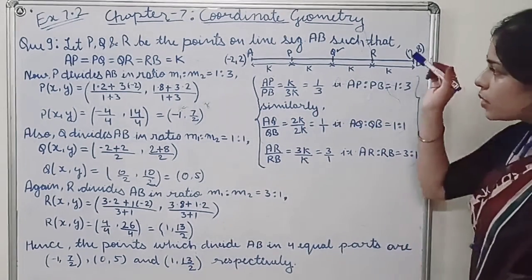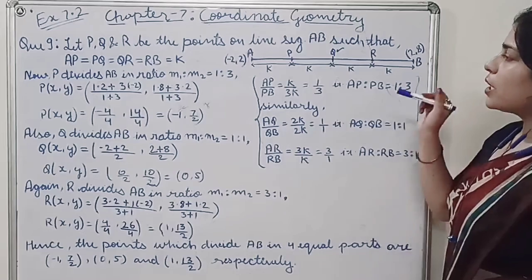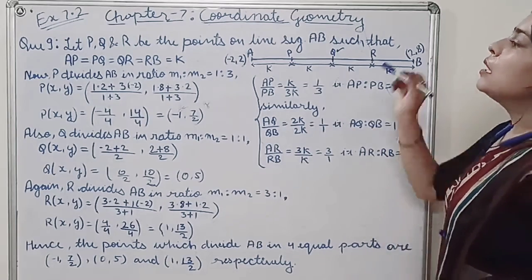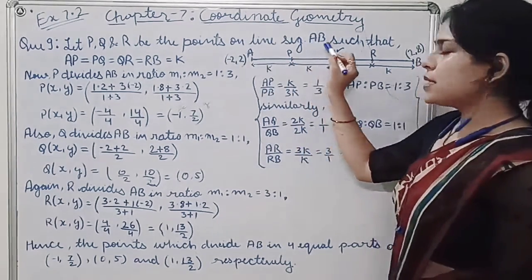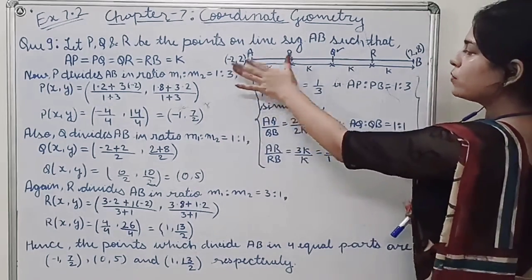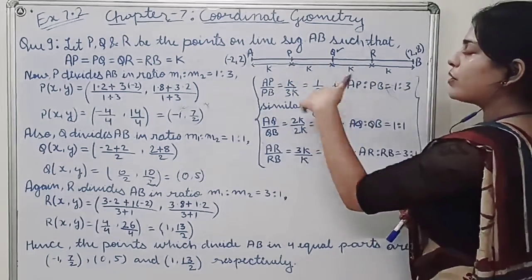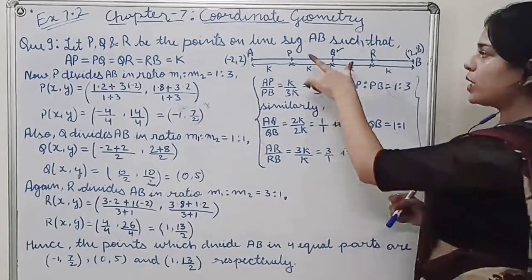Okay. What was given in the question? In the question we were given 2 points, and the coordinates of the 2 points are given, and we have a line segment joining these 2 points.